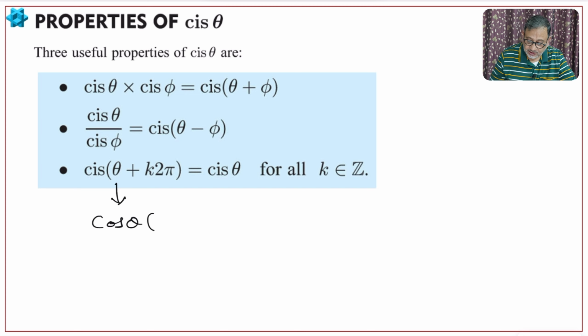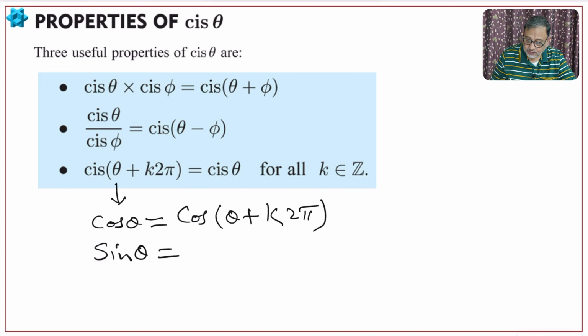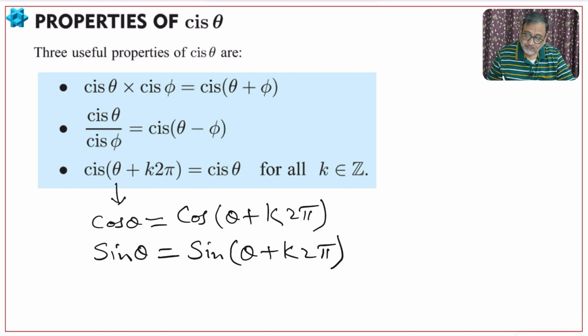So cos theta can be represented by cos of theta plus any multiple of 2 pi, and sin theta also has period 2 pi, therefore sin theta can be represented as sin of theta plus k times 2 pi. So any complex number cis of theta plus k into 2 pi is the same as cis theta, right?